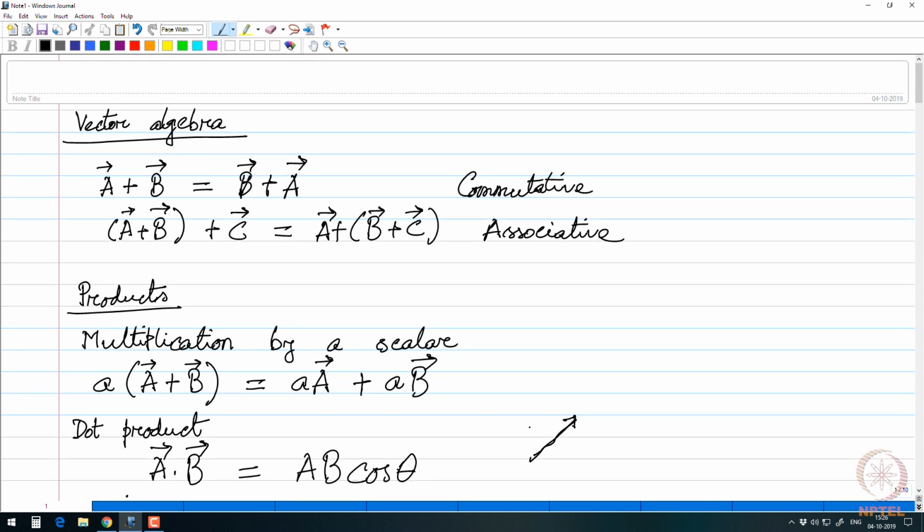Say this vector is A, this vector is B, and the angle between them is theta, then the dot product is given as AB times cosine of the angle between these two vectors.